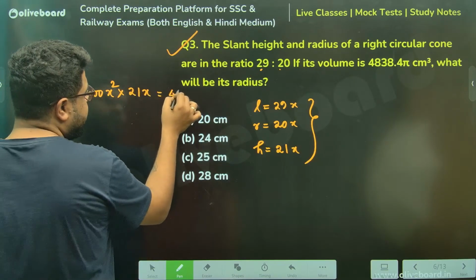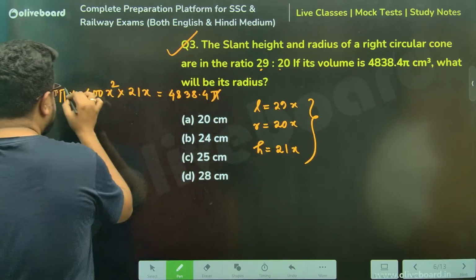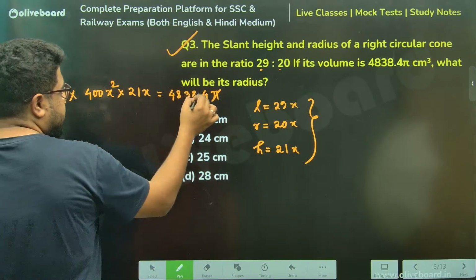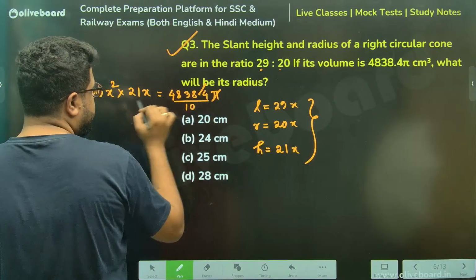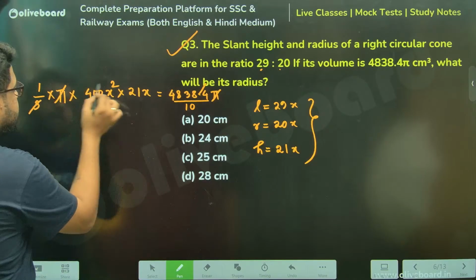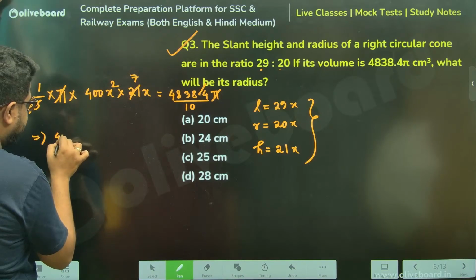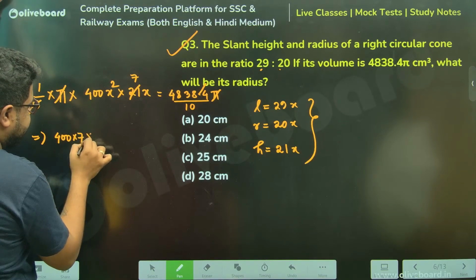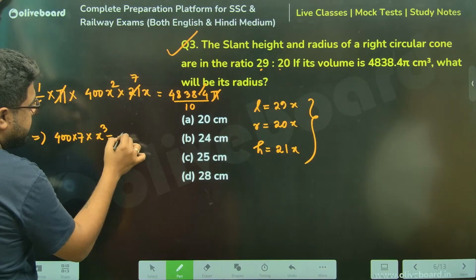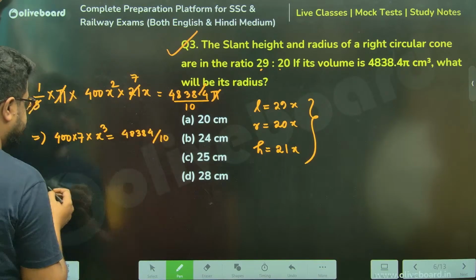That is given to you as 4838.4 pi. First things first, pi cancels. Get rid of this by 10. 3 7s are this. So 400 into 7, x square and x is x cube, is 48384 by 10.